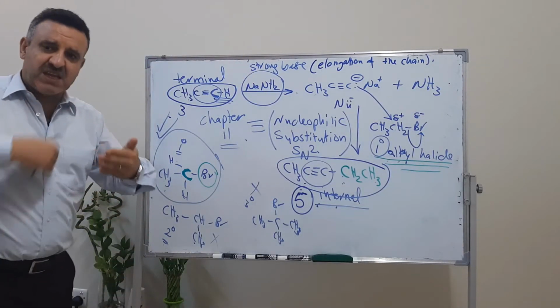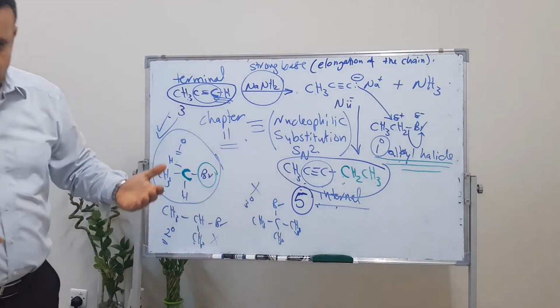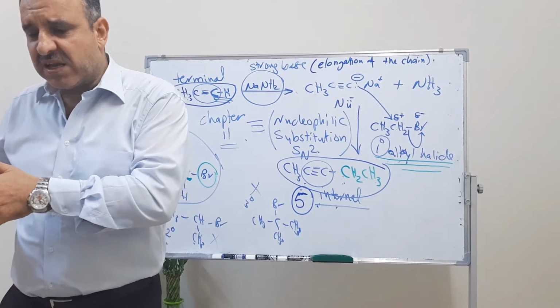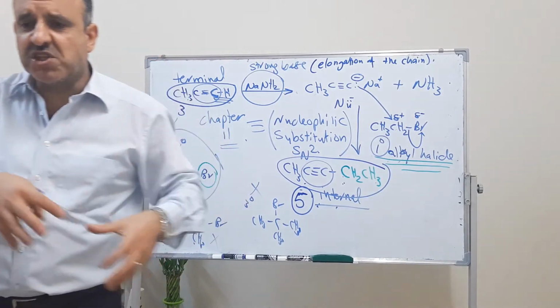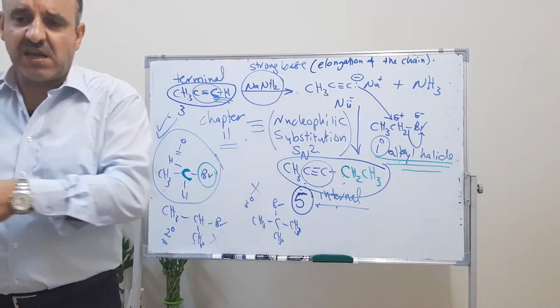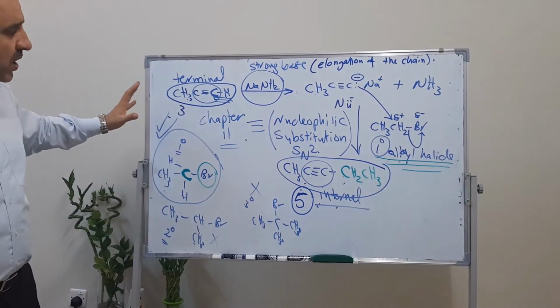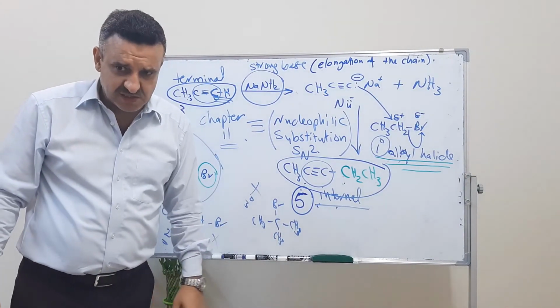We can increase the number of carbons by this reaction. In the previous reaction, if you remember, when we had a terminal alkyne and allowed it to react with ozone, we were shortening the chain. We reduced the number of carbons. Here, we are increasing the number of carbons by this reaction.